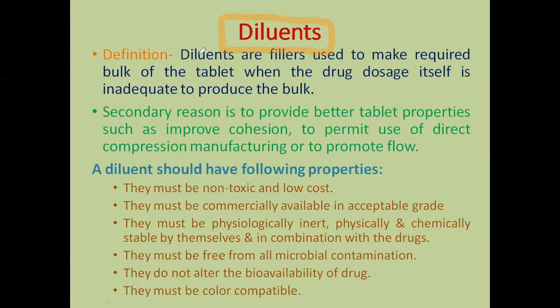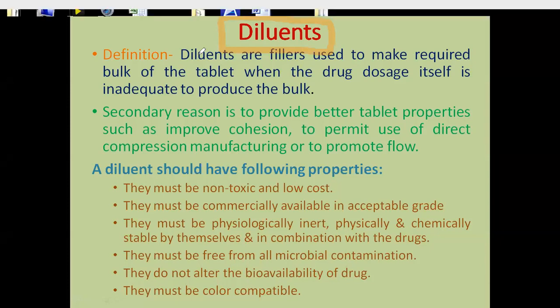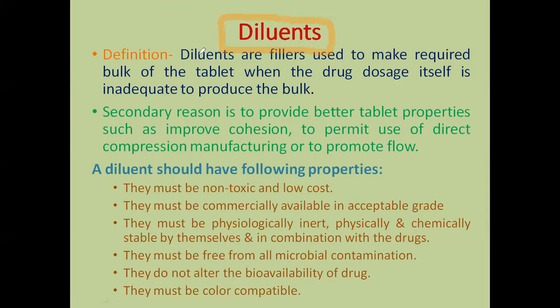Diluents are fillers used to make the required bulk of the tablet when the drug dosage itself is inadequate to produce the bulk. Whenever you study any drug, the first thing you study is the synonym, the other name.